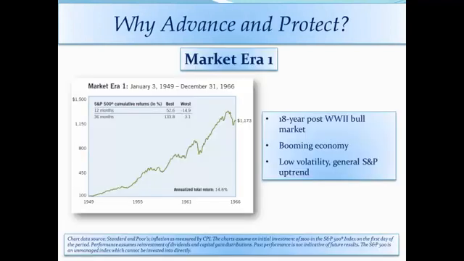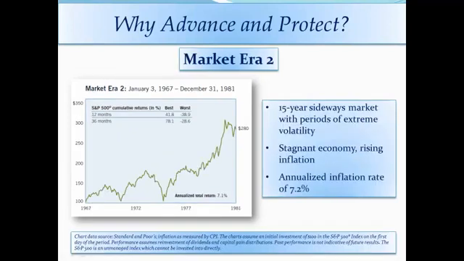The first market era was after the end of World War II, when the S&P 500 experienced an 18-year bull market from 1949 to 1966, with an average annualized return of 14.6%. This was a period of booming economic growth and very low market volatility.